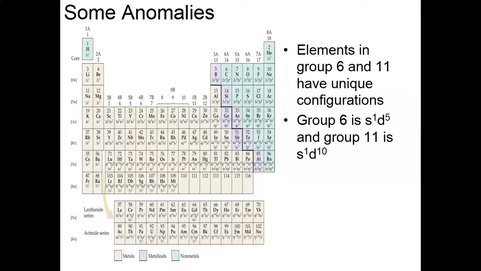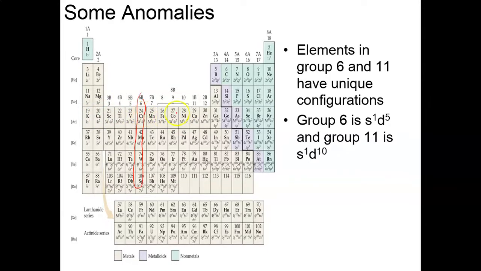Some anomalies. Elements in group 6 and 11 have unique configurations. Elements in group 6, which is right here, end in s1 d5. You would think it'd be 4s2, 3d4, but that's not what happens.